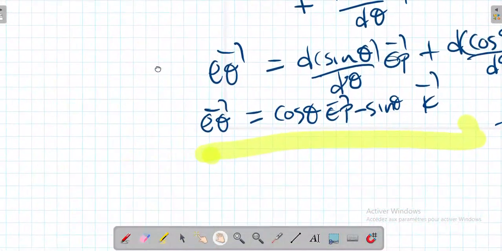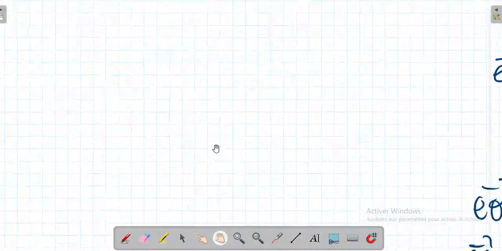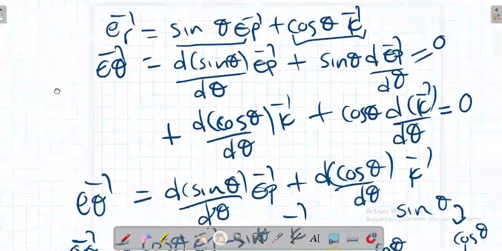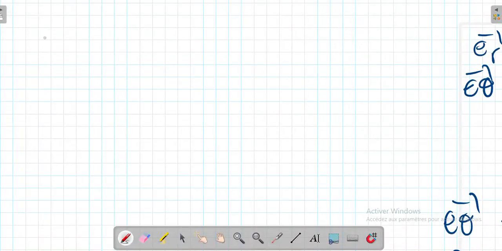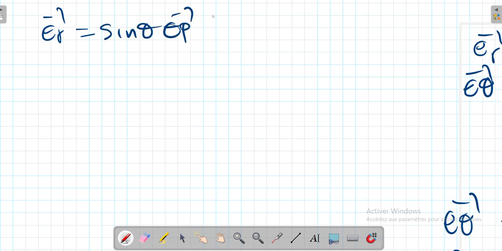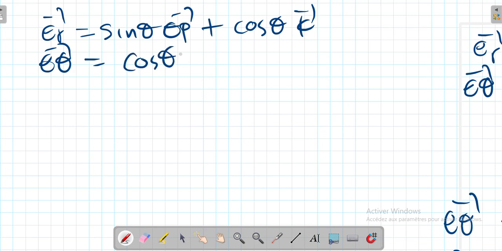So here we can safely say from what we found that ER was equal to sine theta E rho plus cos theta k. Then E theta was equal to cos theta E rho minus sine theta k.